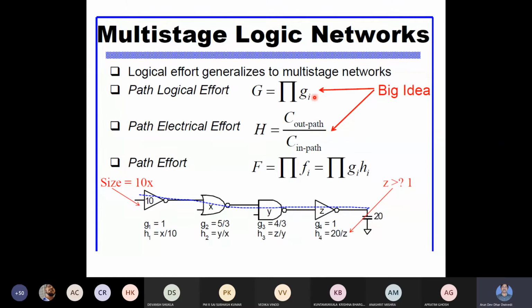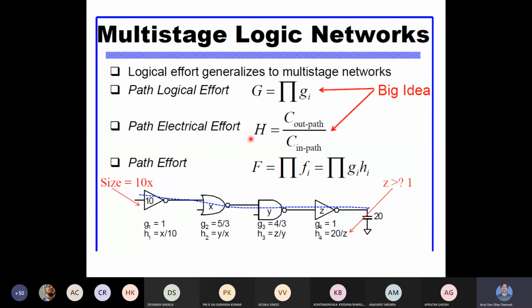So basically the path logical effort, whatever logical effort for one stage you know, and then it is in series with multiple stages, so this path logical effort G must be the product of the logical effort of the individual stages. Gi is the logical effort of an individual stage. If i varies from 1 to n, then G1 into G2 into G3 up to Gn multiplied will give the complete path logical effort from beginning to end.